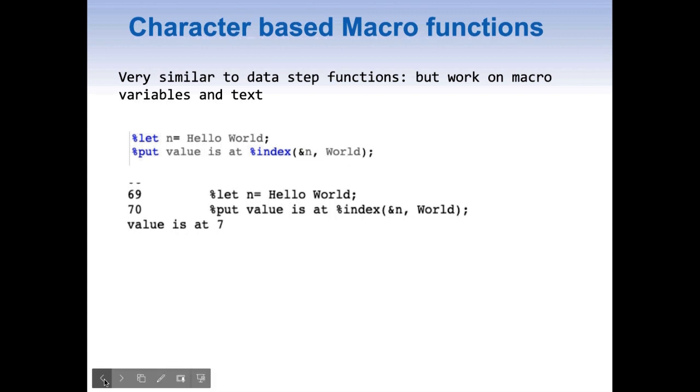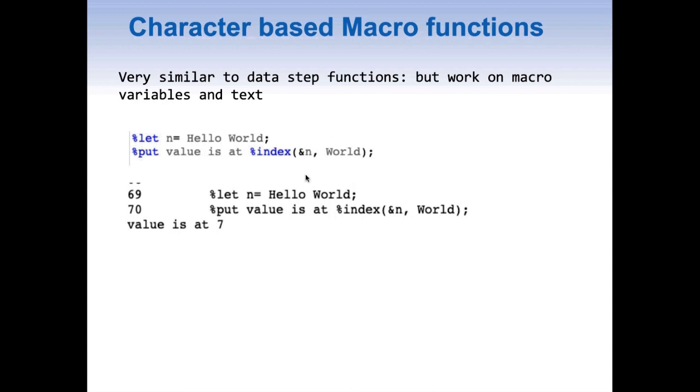There are two differences between macro functions and regular data step functions, especially related to character-based functions. The first one is pretty obvious: whenever we use macro functions we use a percent symbol in front of the function. The second one is more important and subtle.